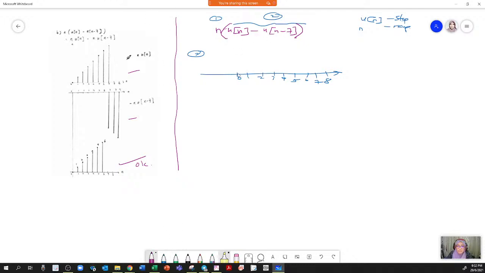So you have u[n] with the amplitude 1, 1, 1. This one is 0, and this one is 0. Then you have 1, 1, 1, and then u[n minus 7], so you actually have this all at 1, and then starting at 7, you have 0. So you get the first equation, u[n] minus u[n minus 7].